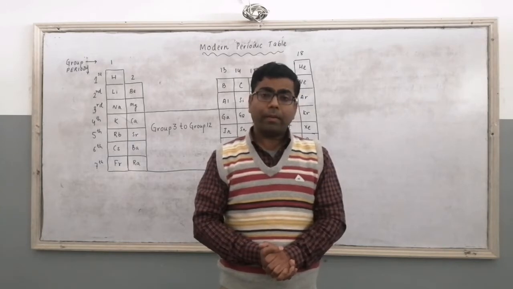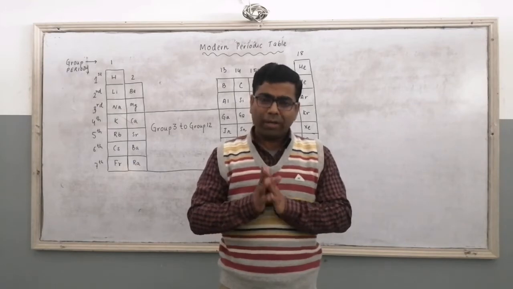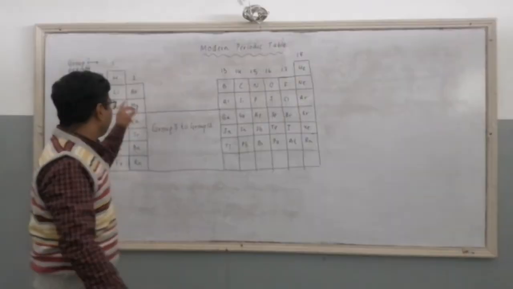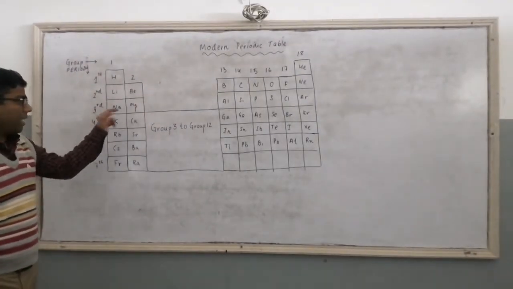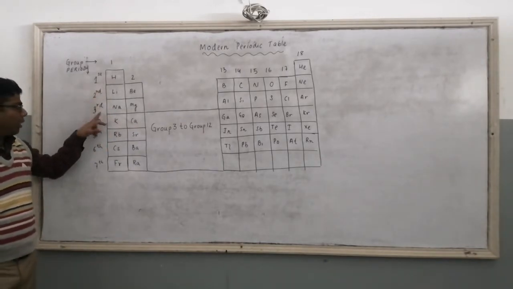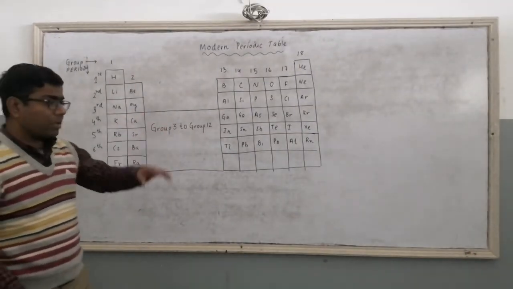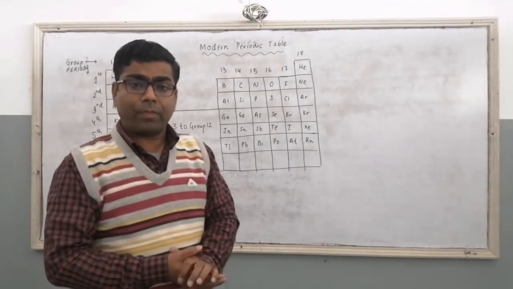In total, we have 7 horizontal rows. These are the horizontal rows, total 7: 1, 2, 3, 4, 5, 6 and 7. These horizontal rows are called periods.